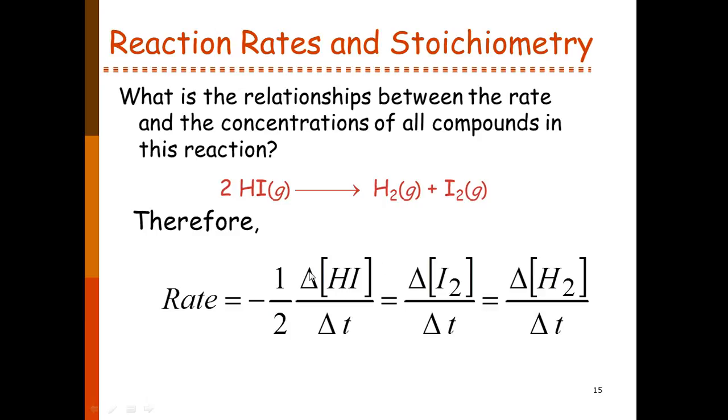The only one that has a negative in front of it is the iodic acid. It's the only starting material there. And the only one that has a fraction is iodic acid because it has a 2. These other ones have a 1 and you don't need to show them.